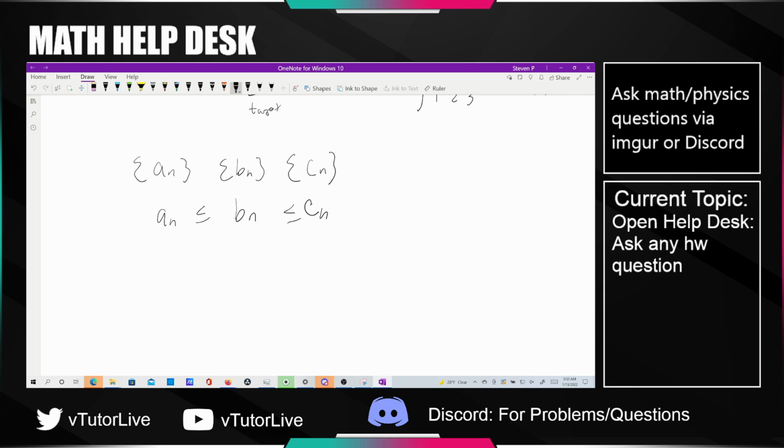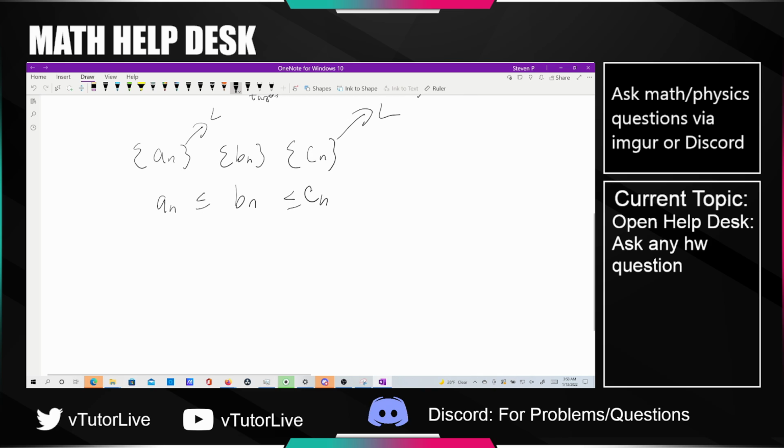And let's say we know that a_n approaches L and c_n approaches L. I'm going to use the second picture because I think it's a lot easier to see. If this is n, this is sort of like saying there's a sequence of dots that are a_n, and a sequence of dots that are c_n, and they both approach some limit.